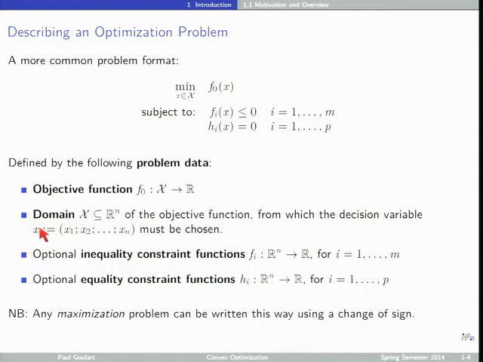If I'm wanting to design a trajectory, maybe my decisions are the input at each time. So I have a collection of inputs. So it lives in Rn, where n is just some integer. And this is the thing I want to choose, and script x just tells me what type of variable it is. I have some objective function, which I call f0. And then instead of having the uppercase x, which tells me what my constraints are, I explicitly write down some equations and some inequalities that tell you what this set is.